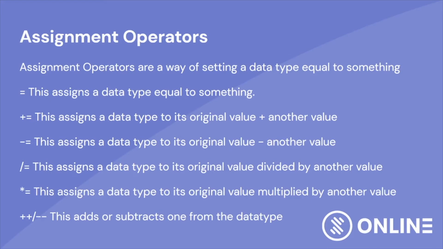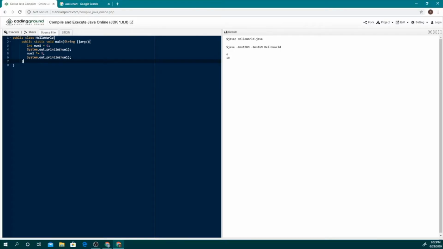Okay, what if we just want to increment a number? We want to add or subtract by 1. Well, we can use this plus operator, which adds to the data type that we see here. So let's go back into our code. And we can do num1 plus plus.